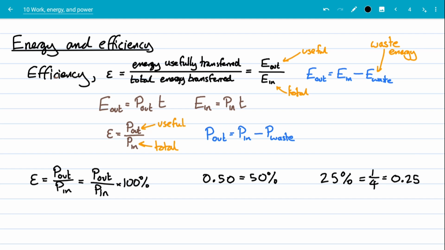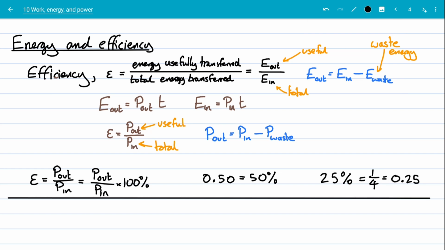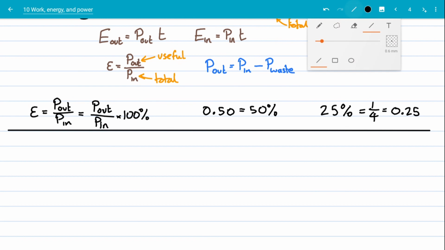Right, now there is one last little thing that seems to have just been slipped on the end of this topic for no real reason, which is about energy resources. And we do have to be careful with this because energy resources are entirely different. I'm guessing that when they designed this particular curriculum, they just didn't know where to stick this topic.